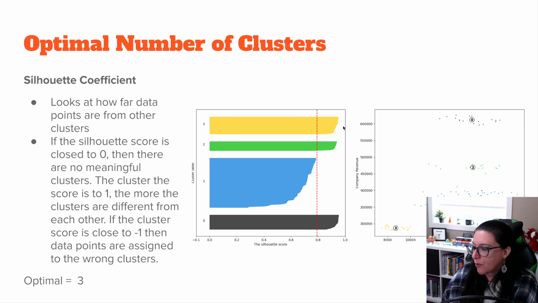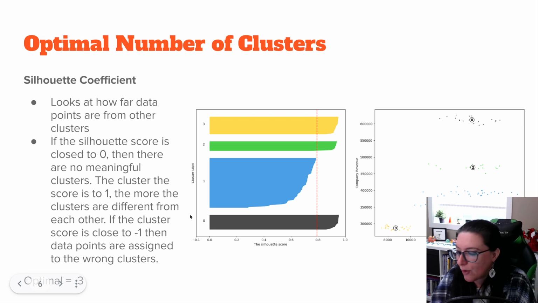This particular group here, much more in terms of company revenue. It's very distinct from the other clusters. So you can see that its silhouette coefficient here is close to 1. If the score is closer to -1, then it means that the data points are in the wrong cluster. They've been put into the wrong cluster, and so we have issues here in terms of our algorithm.